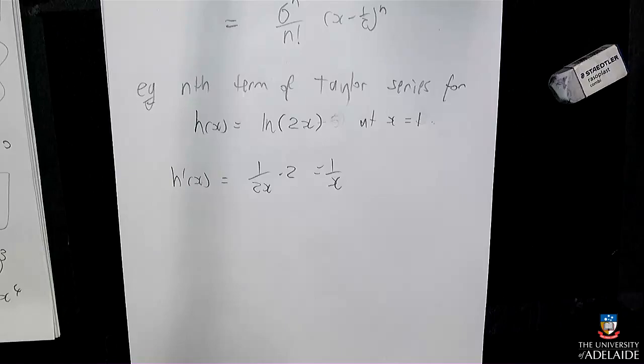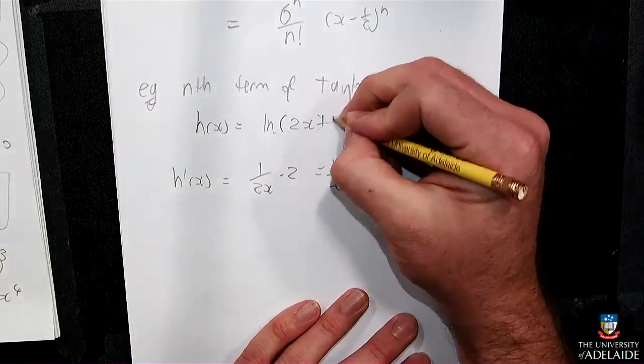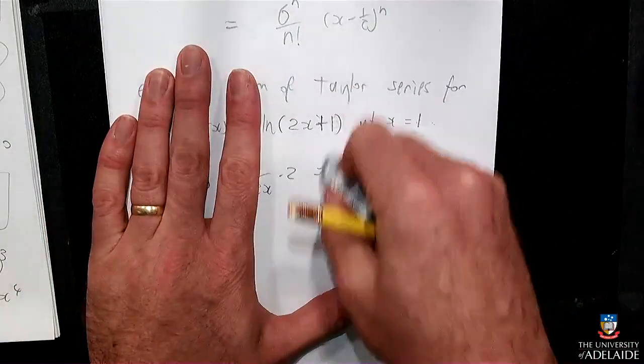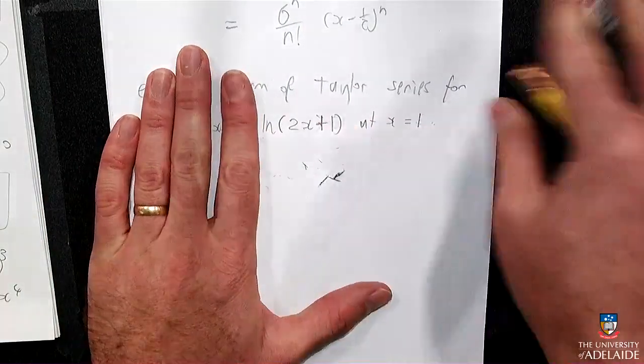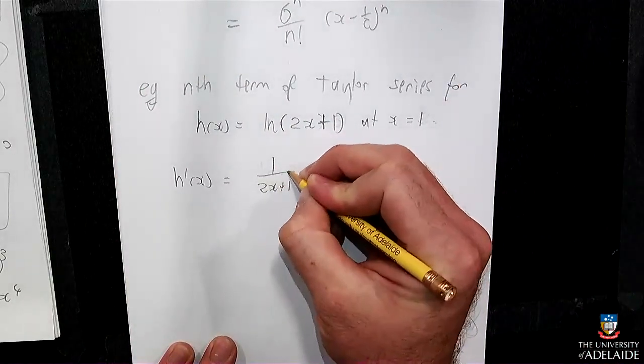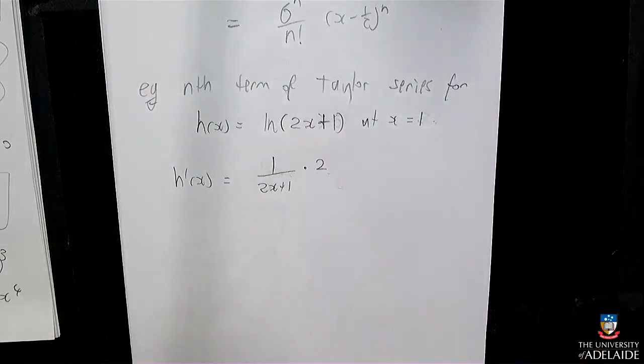Yeah, I'm going to put a plus 1 in there. Sorry, guys. Okay, so the derivative is 2x plus 1 times the derivative of the inside, which is 2.